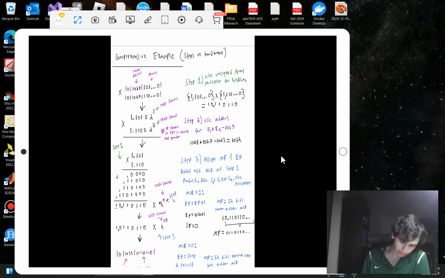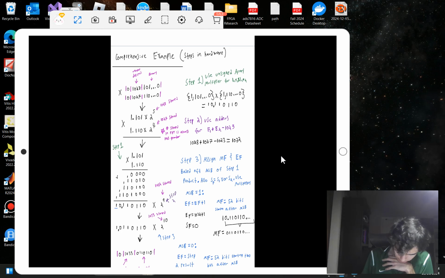And because we want 2 to the 9, it means that the thing that needs to be stored is going to be 1023 greater than 9. It's going to be 1032. So in order to get 1032, we need to use this formula, E1 plus E2 minus 1023. And that's what we do.